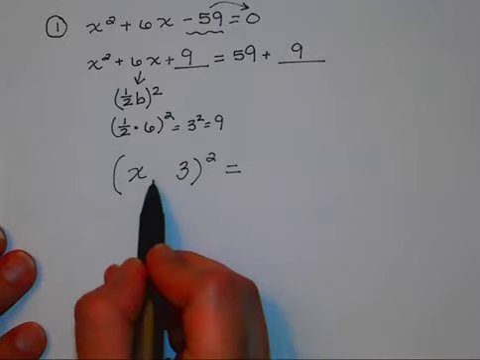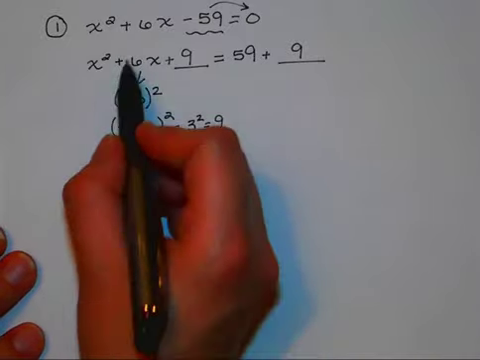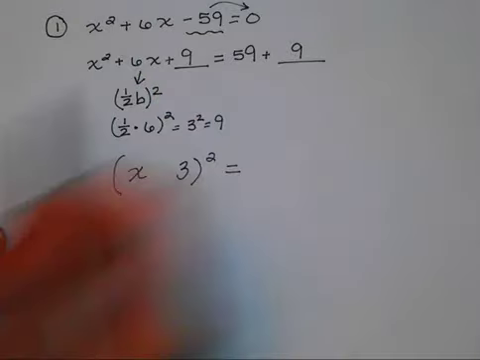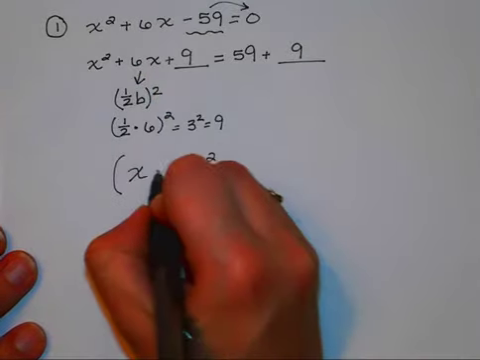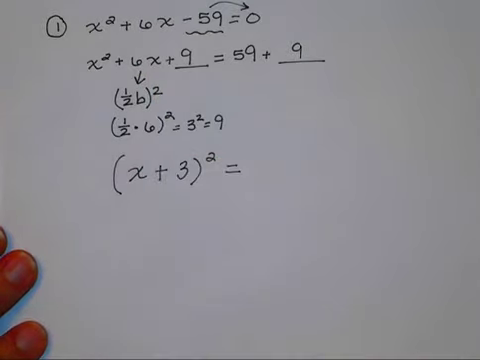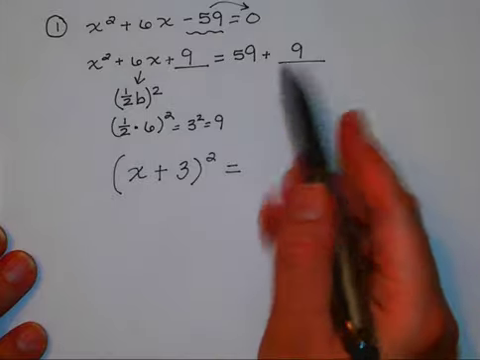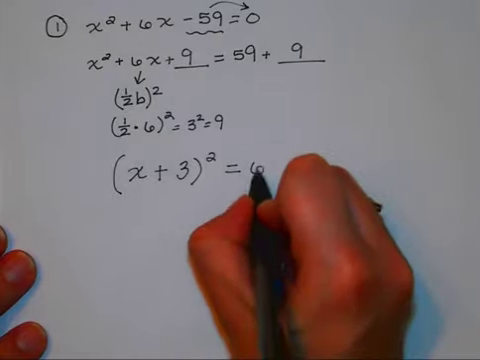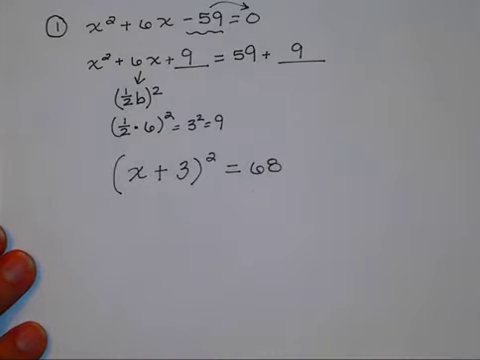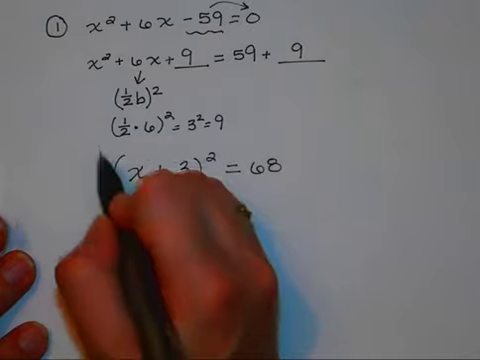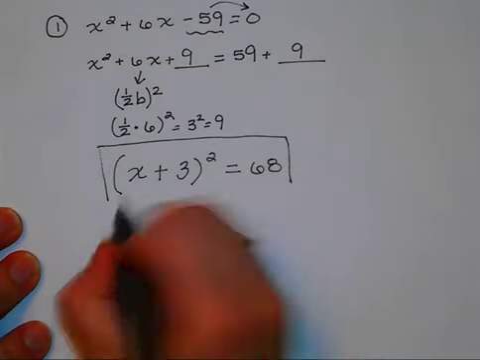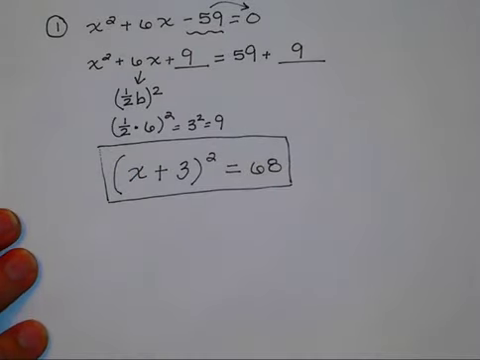And the sign between our two terms always comes from the middle sign of our expression. So this is going to be a plus. On the right side of the equation, we can combine like terms. So 59 plus 9 is 68. That is the process of completing the square, turning a polynomial into a perfect square, and then factoring that perfect square.